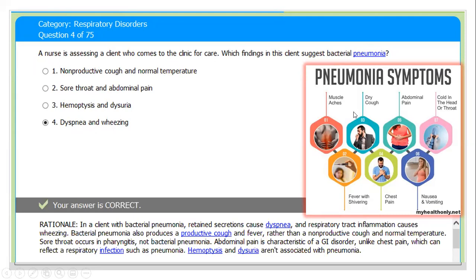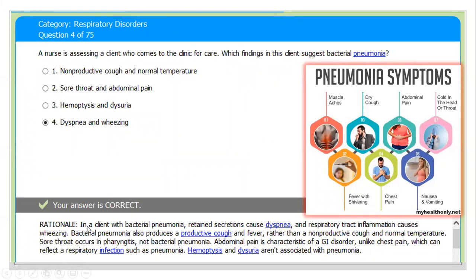Other common signs of pneumonia may be dry cough, abdominal pain, cold in the head or throat, muscle ache, fever, chest pain, and nausea and vomiting.